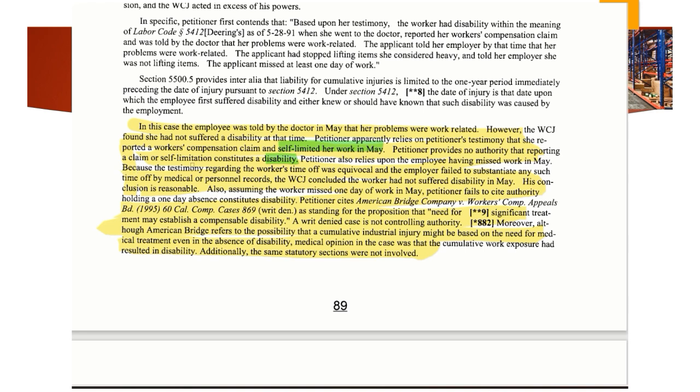But because the testimony regarding the worker's time off was equivocal, and the employer failed to substantiate any such time off by either medical or personnel records, the workers' compensation judge concluded that the worker had not suffered disability in May, much to the consternation of CIIC. And the WCAB concluded that the workers' compensation judge's conclusion is reasonable.